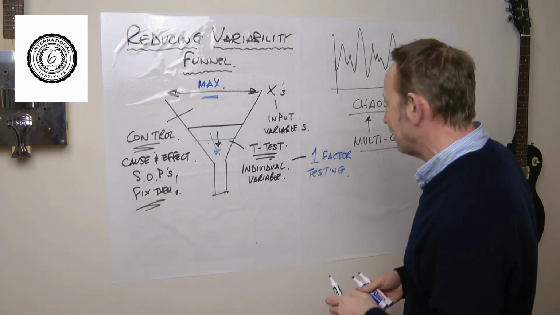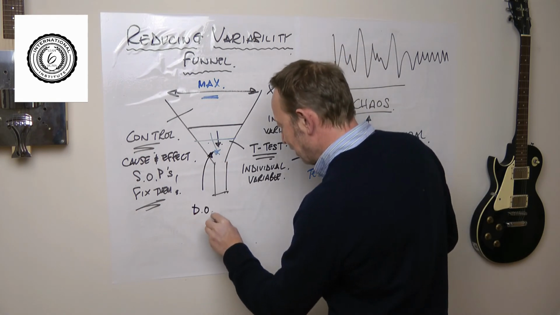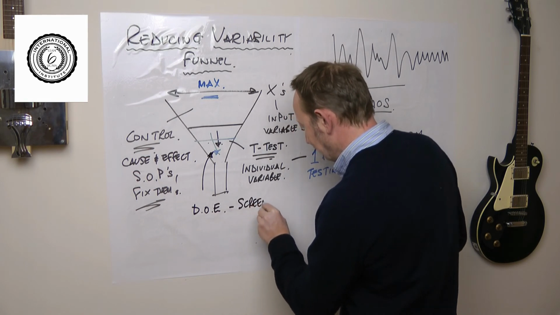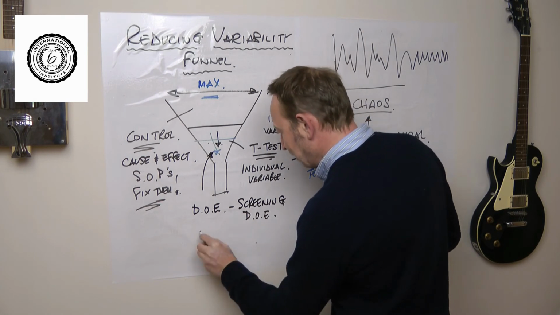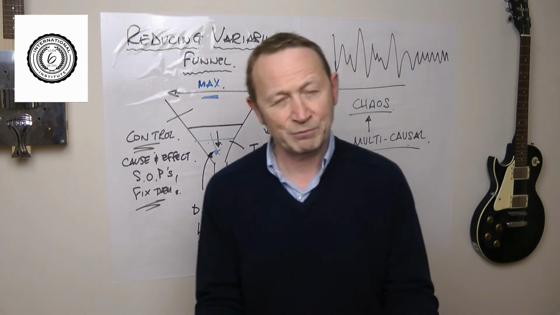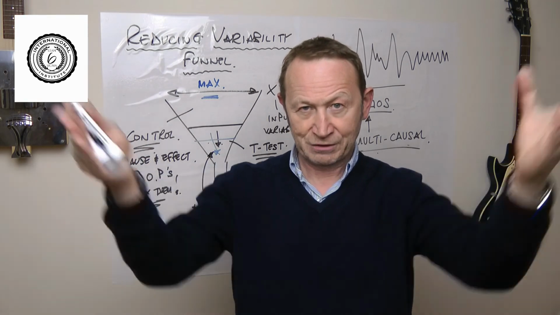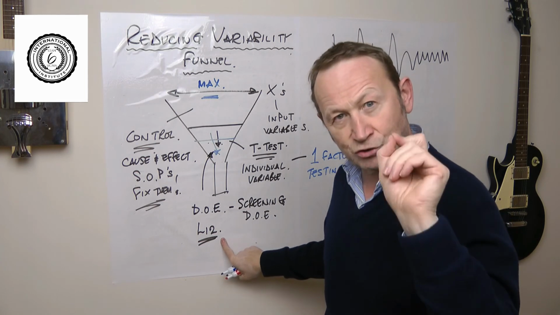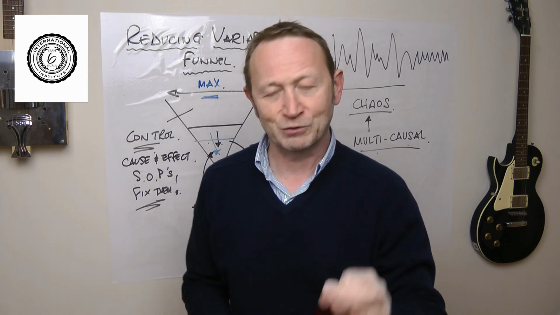Now the technique we're going to use to get out of the bottom of this funnel is a DOE. Initially, a screening DOE. I would probably use the Taguchi L12 initially. I can put up to 11 variables in the L12. So I've gone from 100 variables, maybe down to 8 that are important. Then I'm going to use the L12 to find out the 3 or 4 that are absolutely crucial.